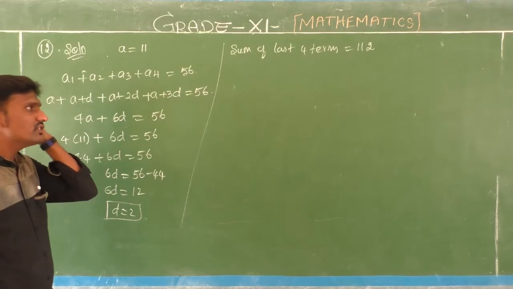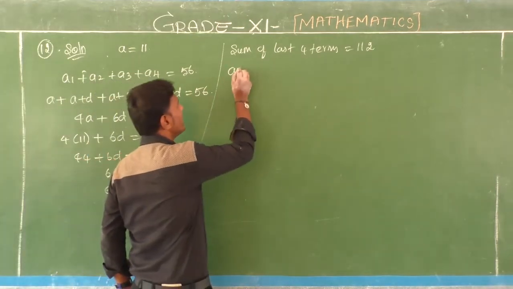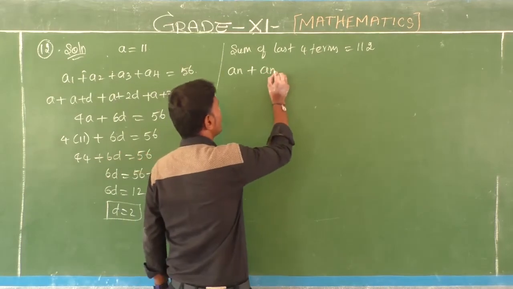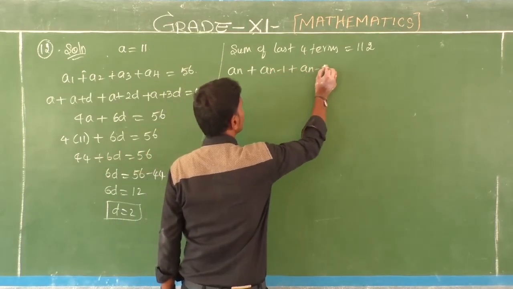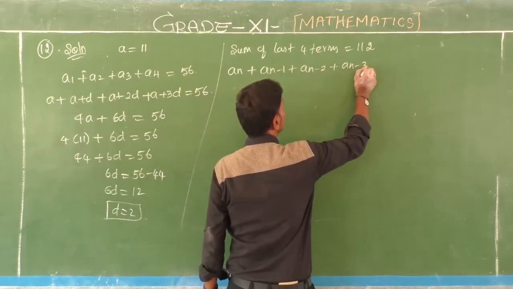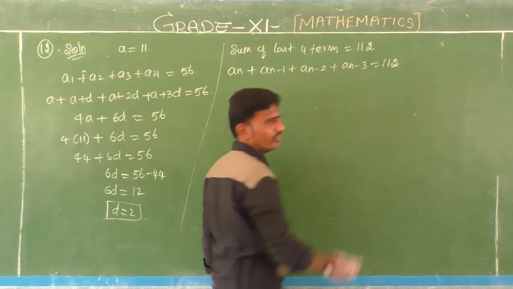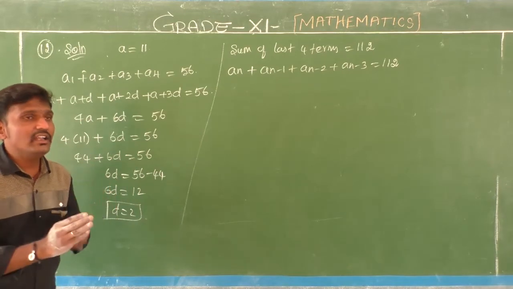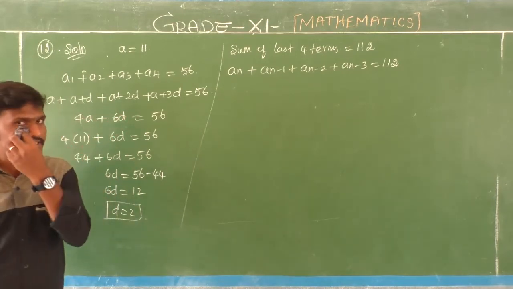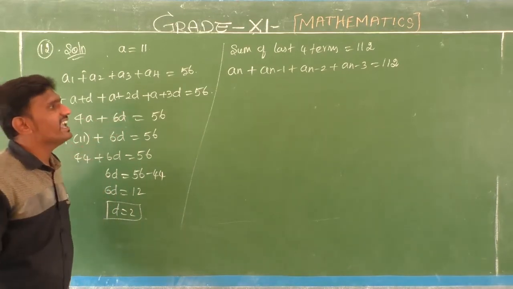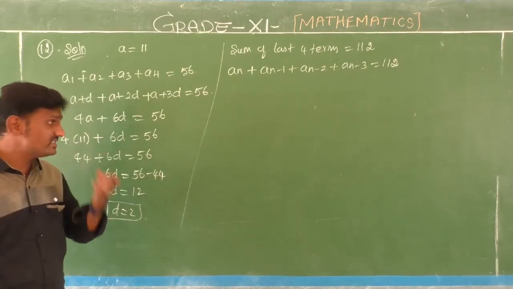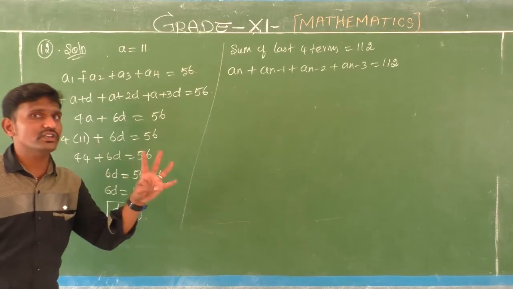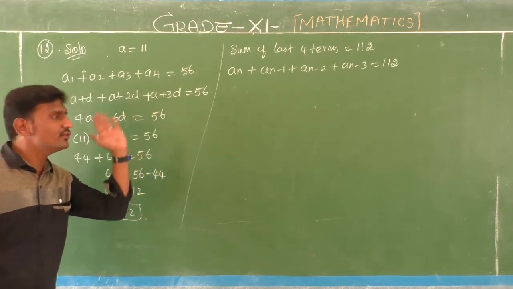So last 4 terms means an, and before that, the last 4: an minus 1 plus an minus 2 plus an minus 3, which is equal to 112. Students, do you understand? The last term is an, and the term preceding it is an minus 1, and one more preceding, an minus 2 and an minus 3. You have 4 terms. So these are the last 4 terms.